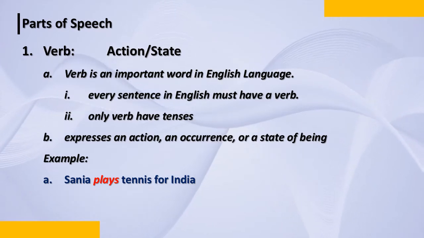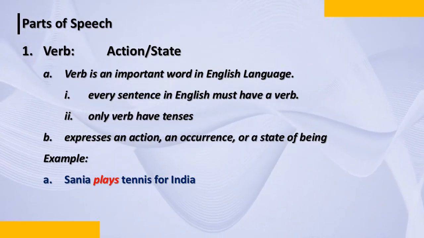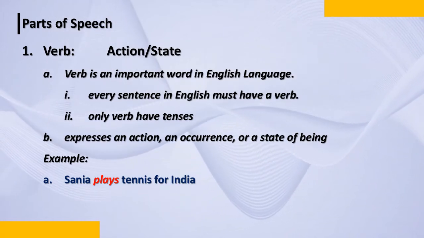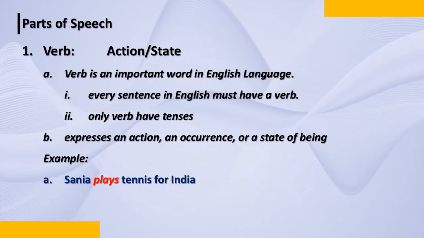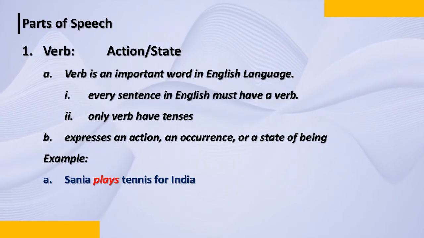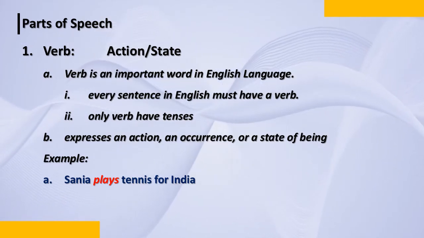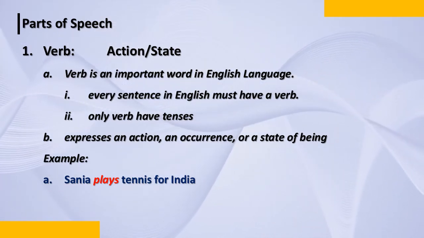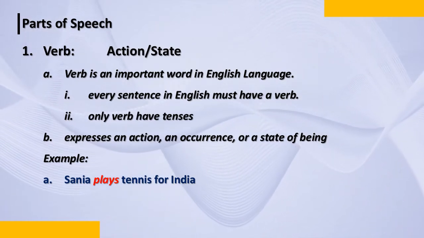Now, what is a verb? A verb expresses an action. It can talk about an occurrence, something which is happening, or a state of being, what state or situation a person is in. Like in the example, Sania plays tennis for India.